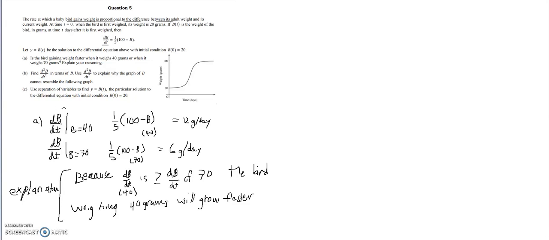So now we will move on to the next question. B. Find the second derivative in terms of B. Use the second derivative to explain why this graph is not the same as the graph of the real B. So in B, to find the second derivative, you would have the dB dt here, and you take this derivative first.